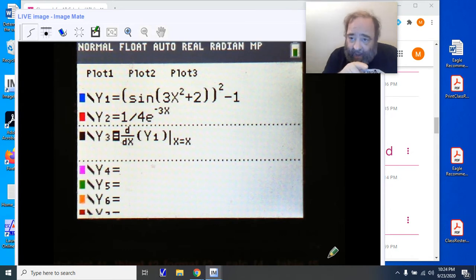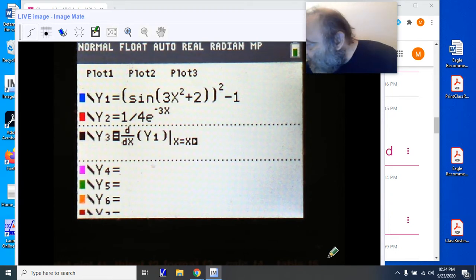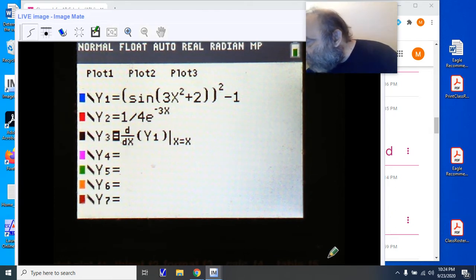Putting an x back there after the equal sign means I'm going to get a graph that's going to show me all of the velocities at any time t.